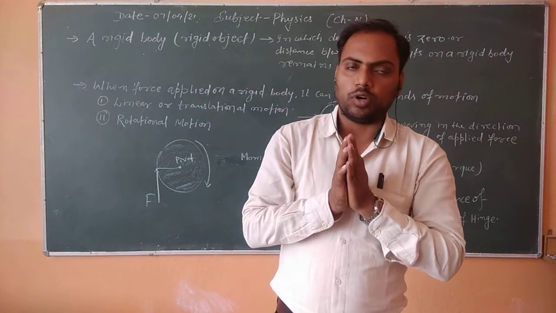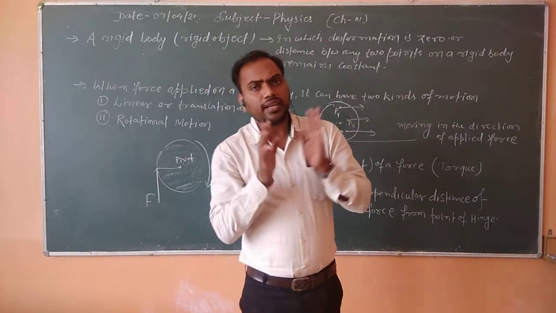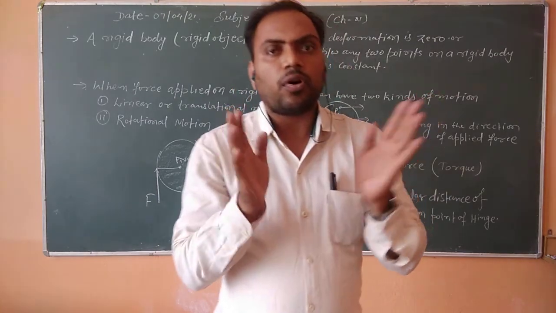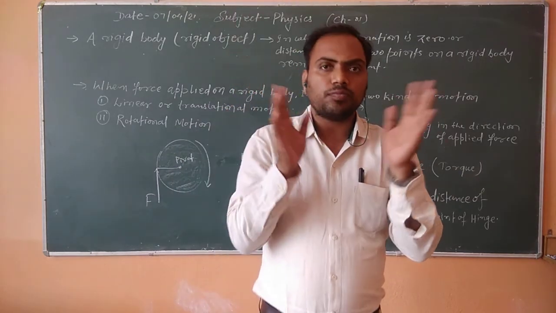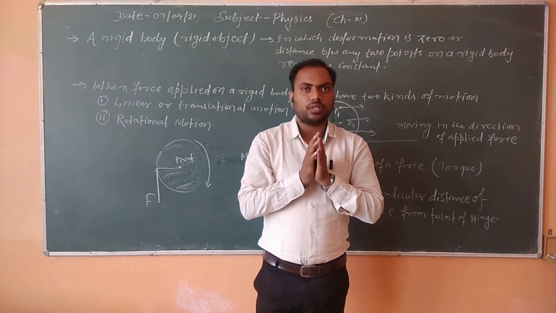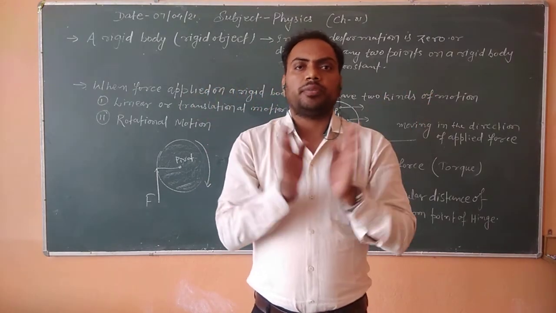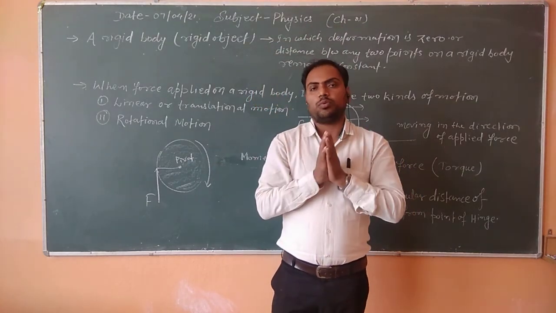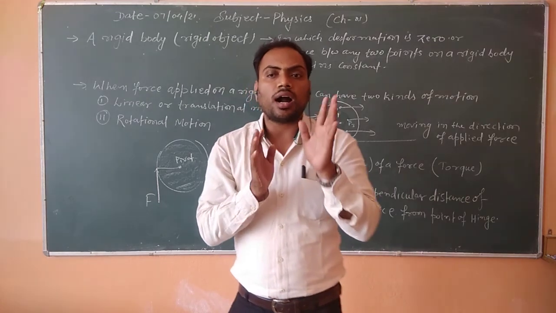What is a rigid body? Any material which has no deformation after applying some force, that is, within the limit of the force there is no deformation, then you say that body is a rigid body, meaning a hard body.